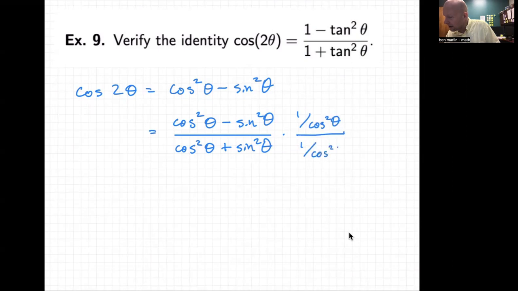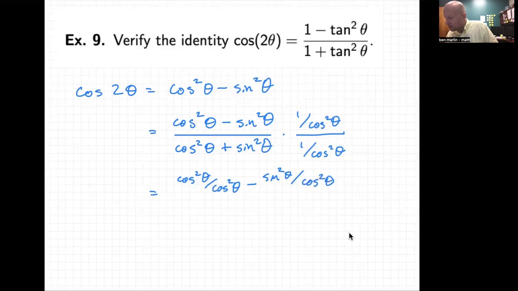And when I distribute through, that will become cosine squared theta over cosine squared theta minus sine squared theta over cosine squared theta. And on the bottom, cosine squared over cosine squared plus sine squared over cosine squared.